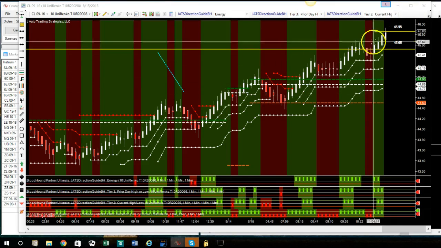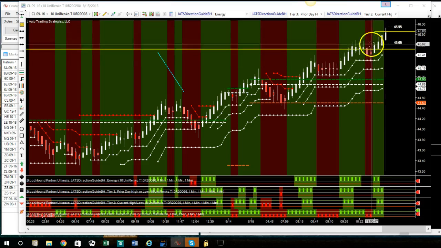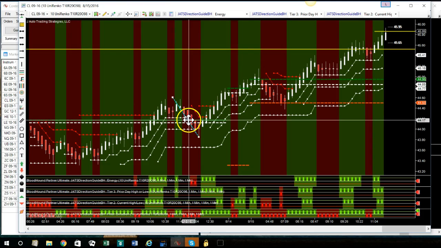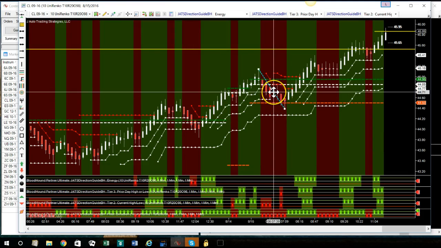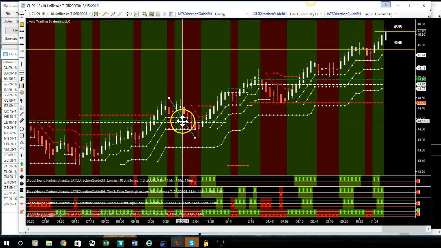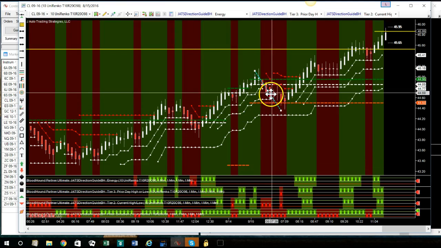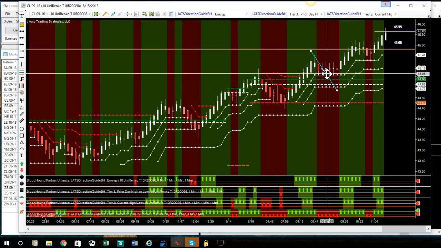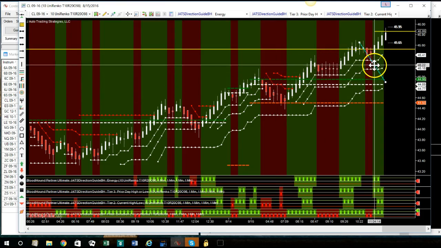Crude really took off on that open interest. The first thing I should have realized was that the measured moves were working on the pullbacks, and we never got any further pullbacks after the open that deep.